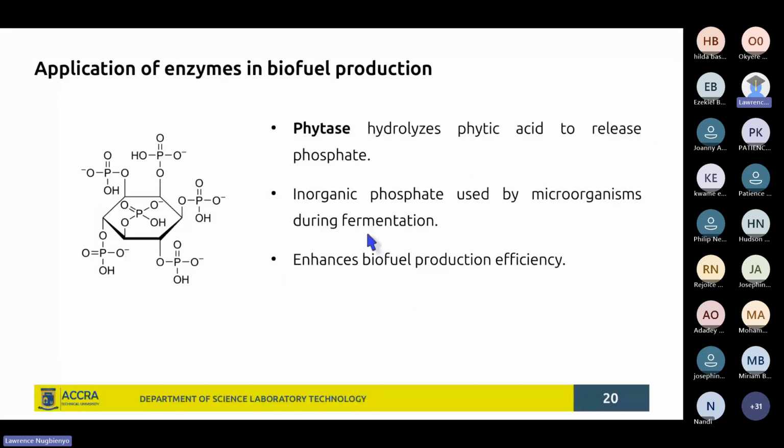Now, in the biofuel industry, this is another area where you want to have enhanced production of bioethanol. Usually, these biofuels are bioethanols that are produced from biomass. I think the country that produces most of this bioethanol is Brazil, and they produce it from sugarcane.